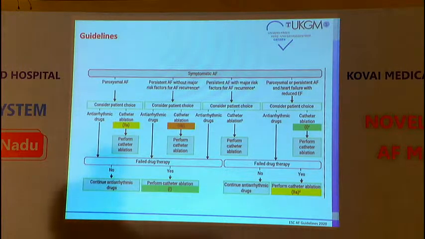Dear colleagues, let's think together. What is the rationale or the best way to treat a patient with paroxysmal atrial fibrillation? I heard that most of you are cardiologists, and many interventional cardiologists and many referring physicians.